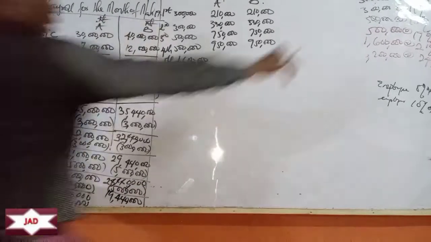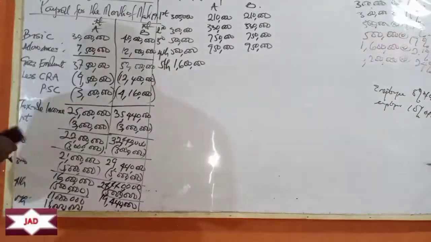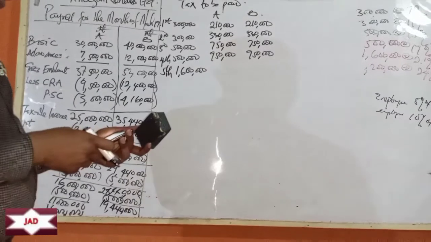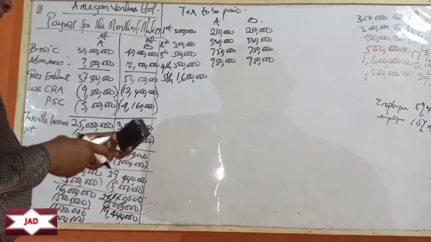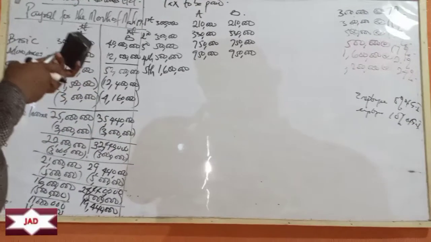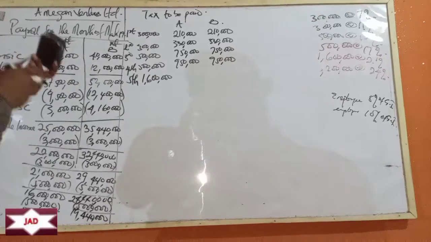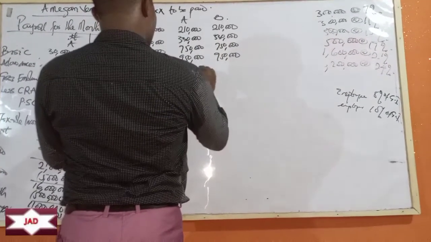So we're going to say 21% of 11 million. 21 times 11, what do you have? 2,310,000.